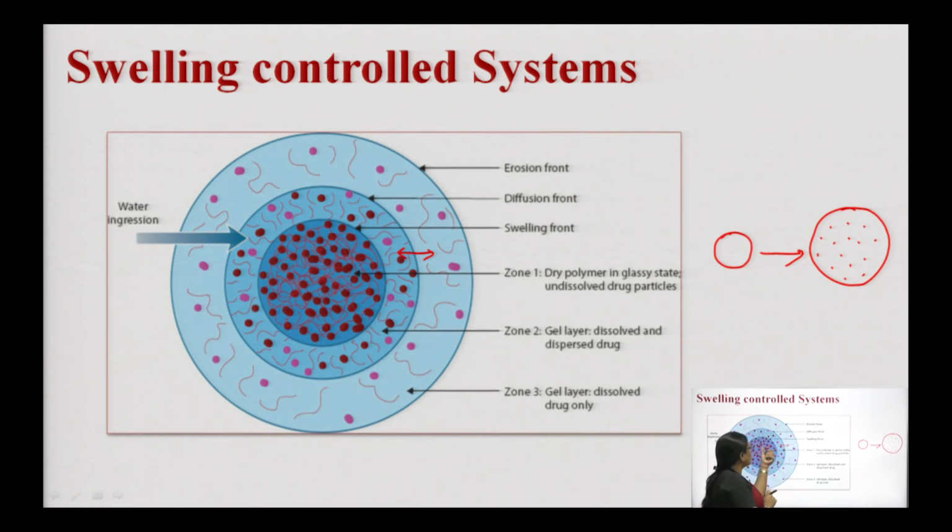So, this is called the diffusion front, and the outermost zone is defined by the erosion front, because here the polymer may erode as well as the drug will move out into the external environment of the body. So, this is how these swelling control systems are active.